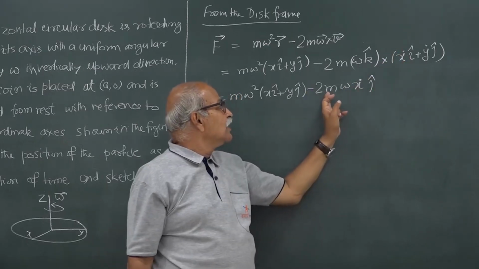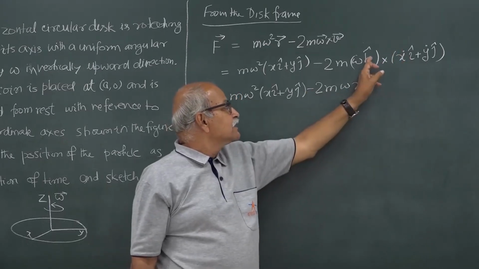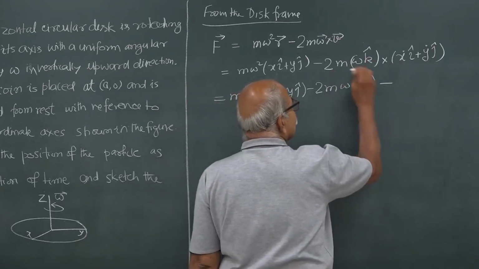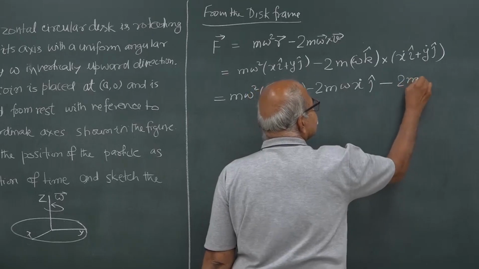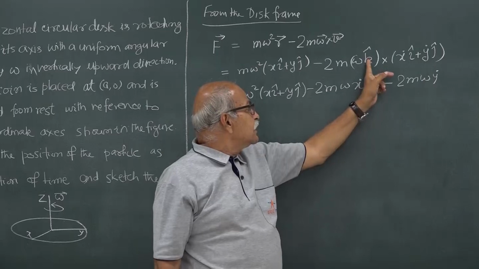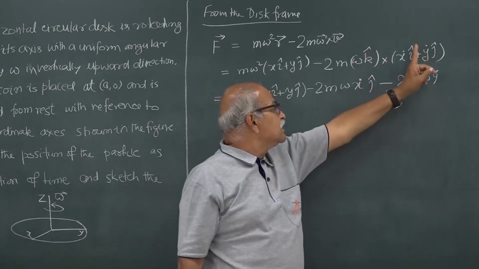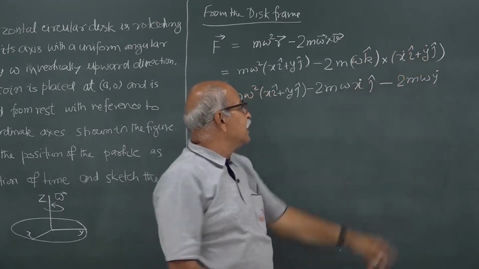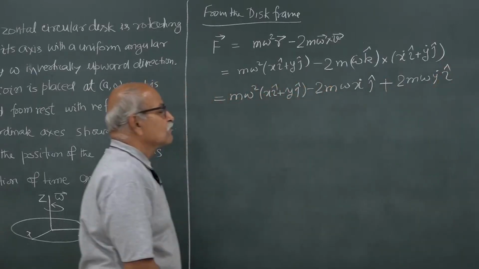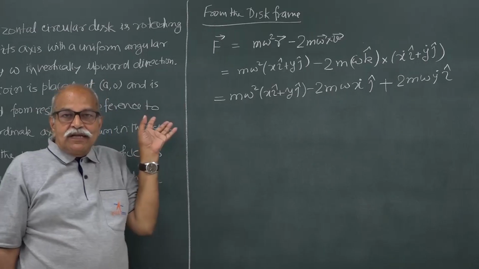So, minus 2 m omega x dot, and then this is j cap. Second term is minus 2 m omega y dot, and then k cap cross j cap is minus i cap. So, it is plus here and i cap here. So, this is the total force.